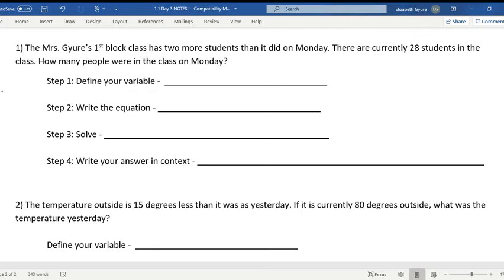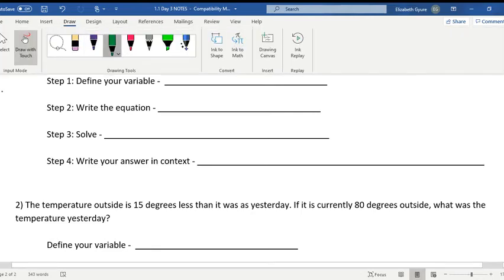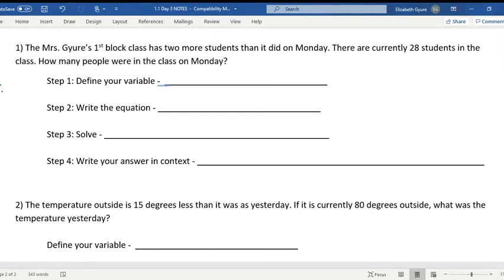Okay, so let's go through and annotate our problem. First we're going to circle any numbers and their units. Where do you guys see important numbers, Alex? Yeah, 28 students. And I like that you said 28 students and not just 28. Does anyone know why I like that, Jaden? Right. Labeling is important, and especially when we get into more complicated problems, sometimes you'll be selling adult tickets and child tickets, right? Maybe money will be involved.